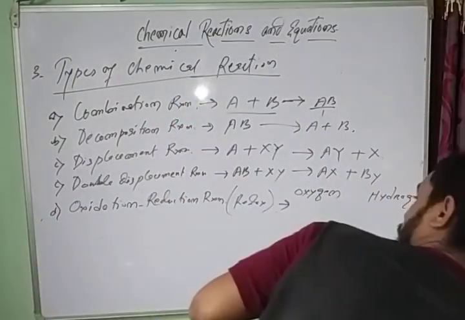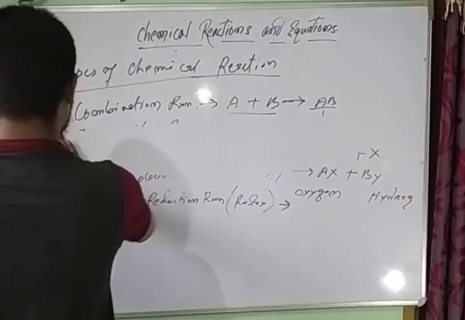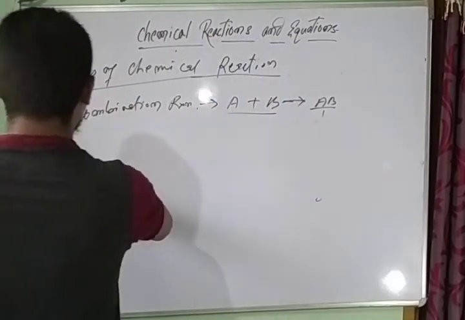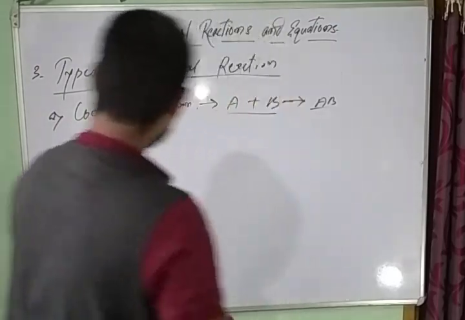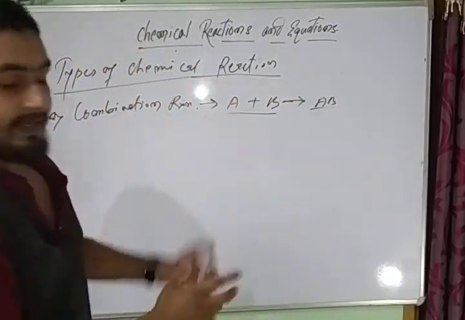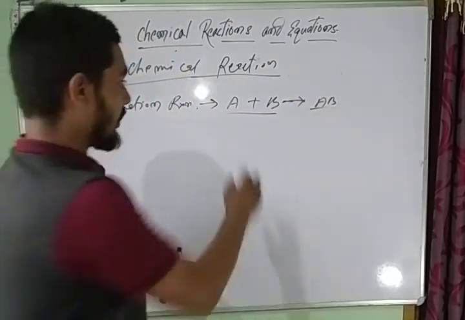So first one is combination reaction. How will you define the combination reaction? Combination reaction is the type of reaction in which two or more reactants combine together to form a single product. Two or more.